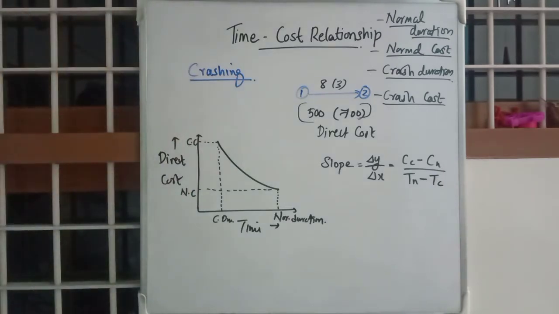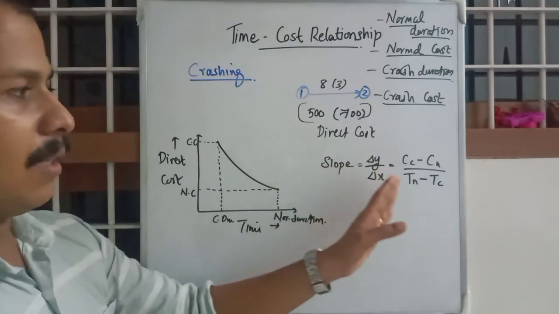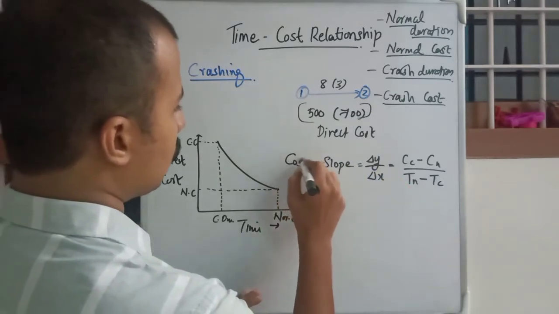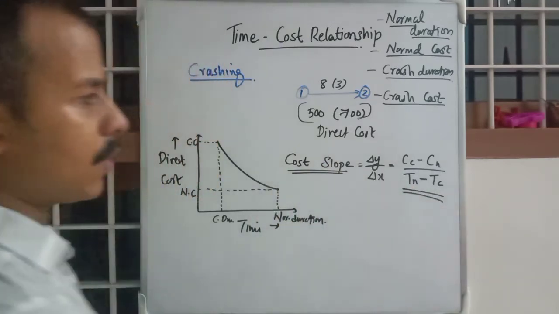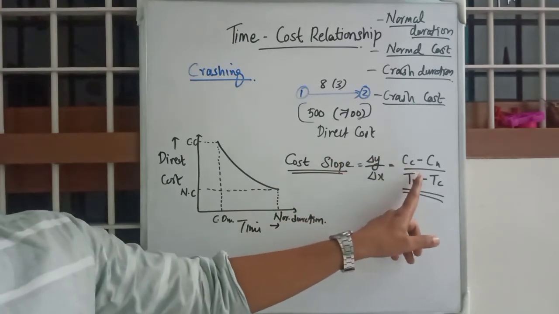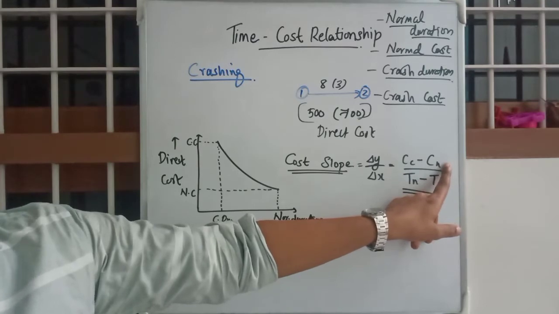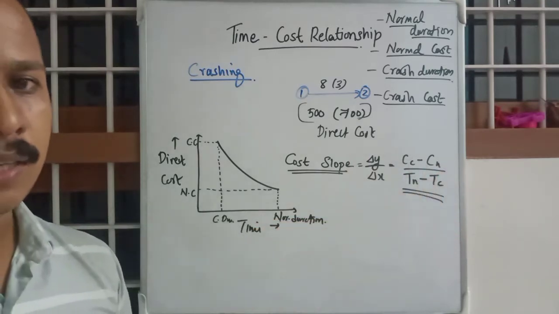Okay, so this equation, or this parameter we just calculated, is known as cost slope, and this equation is important. Cost slope is the ratio between crash cost minus normal cost and normal duration minus crash duration.